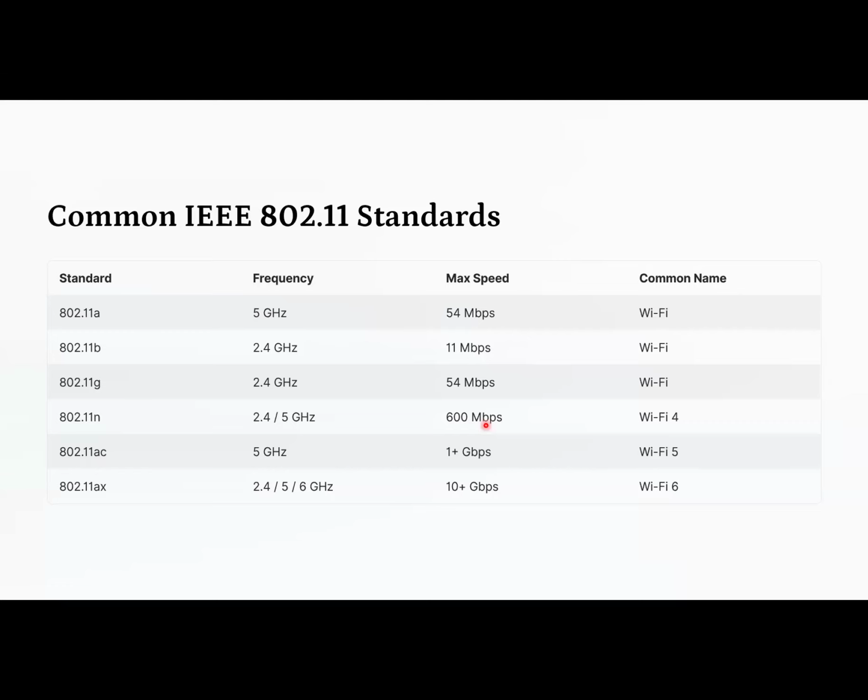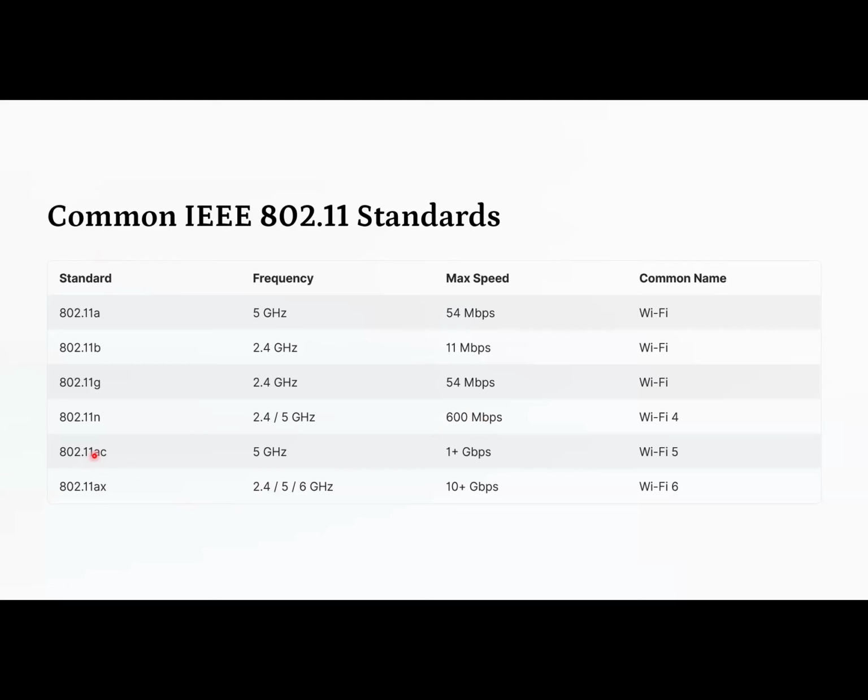So when you are buying a wireless router or access points, think about these. If not, you'll be disadvantaged. You just go and buy any wireless router and you think it's going to be very fast. No, it will not be fast. You have to know which one you are buying. Of course, as you move from top to bottom, the prices also increase.